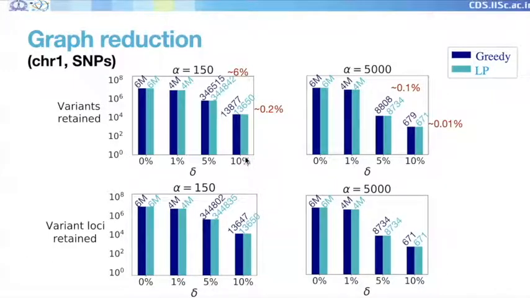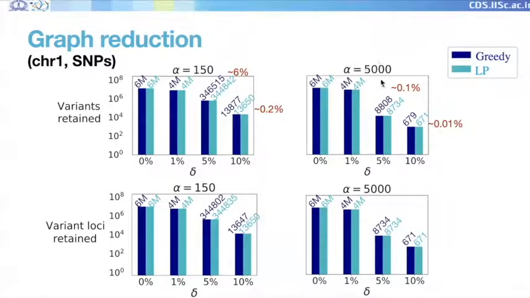So if I am able to tolerate differences of 10%, then I only need 0.2% of variants in my genome graph. Whereas if I'm able to tolerate 5% delta, then in that case, I only need 6% SNP variants in my genome graph. Similarly, the same figure is drawn for long alpha value.